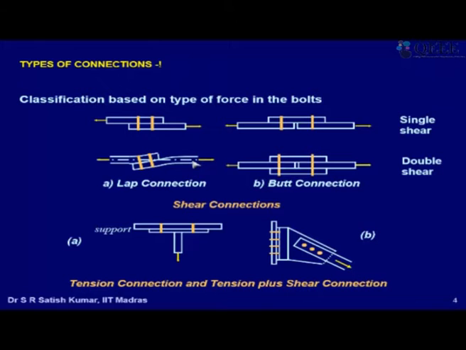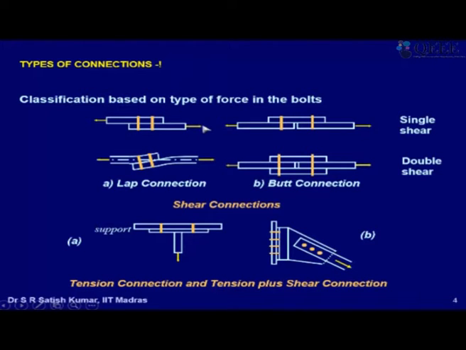The bending will depend on how thick your plates are, what force you are applying, and so many other parameters. So it's difficult to estimate exactly, but of course we neglect that and we assume that these bolts transmit only the shear force, and that is how the force goes through.